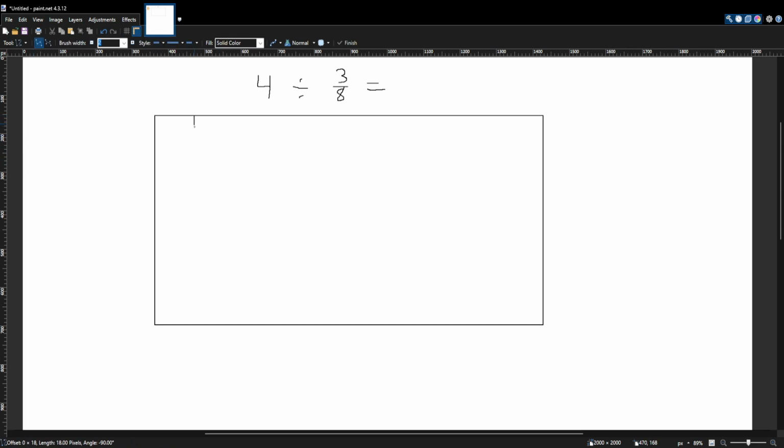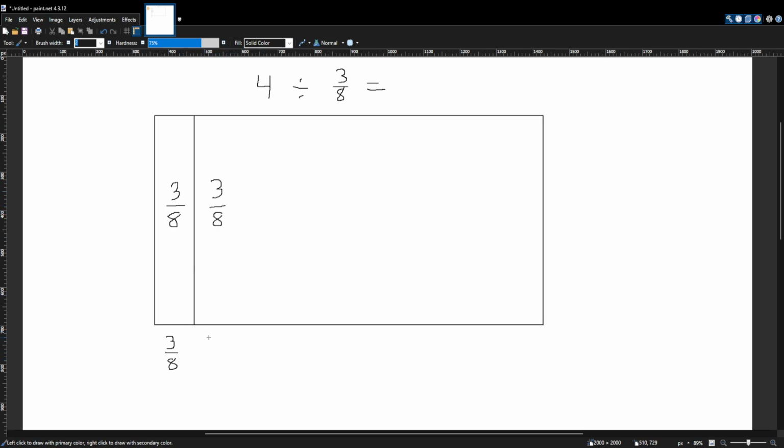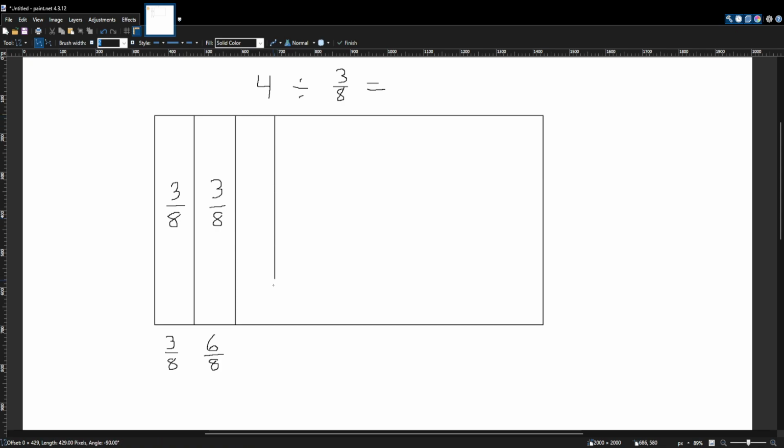Well, if I put in 3/8 to start out, I have 3/8. If I put in a second 3/8, then I now have 6/8. If I put in 2 more eighths, then I will have 1 whole. But I don't put in blocks of size 2/8. I put them in size 3/8.